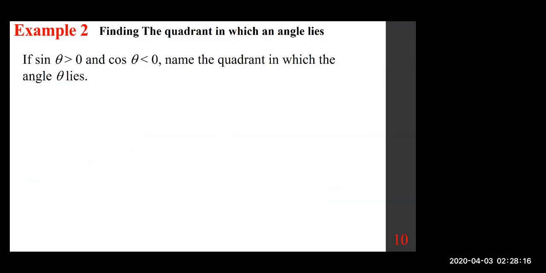So here's a simple example. We have a sine that is positive and a cosine that is negative. Which quadrant is that? If sine is positive and cosine is negative, that's quadrant 2.